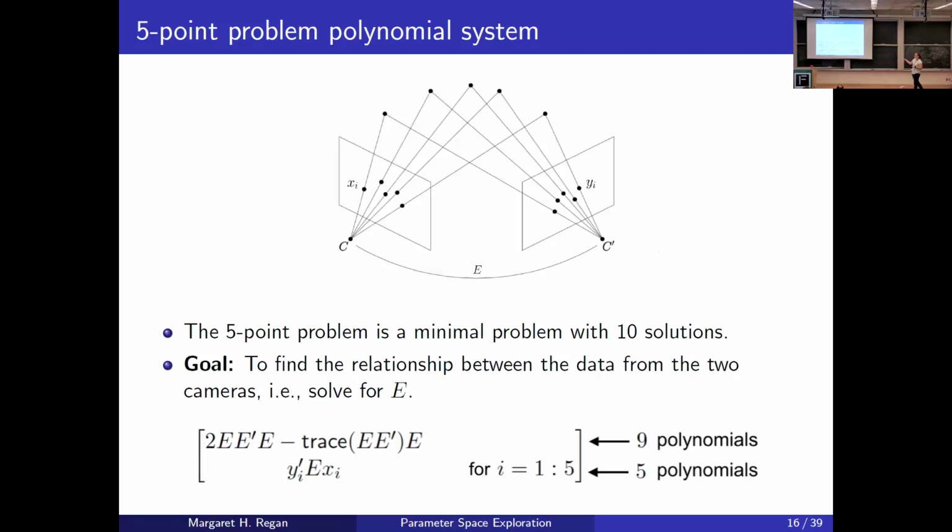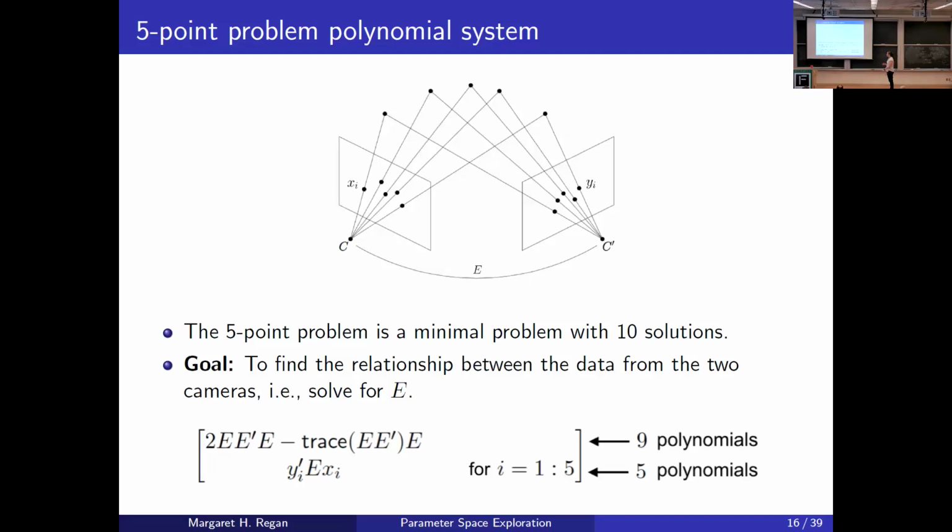So the E is an essential matrix that tells you the relationship between the 2 cameras, and there's other very established set of equations that get you from this essential matrix to then reconstruct the 3D object in space. So all we worry about is finding that essential matrix.